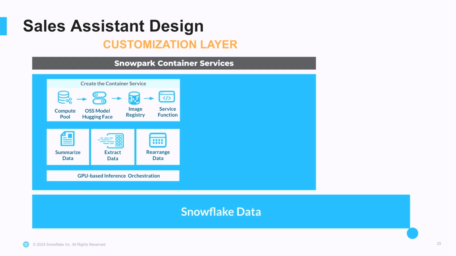And with the same flow, you can create separate containers for data summarizations, for data extractions, and arrangement, etc. So instead of just dumping all the raw meeting transcript, we are able to summarize the data. And instead of just appending all the freestyle notes, we are able to extract the data. And we have other processes as well.